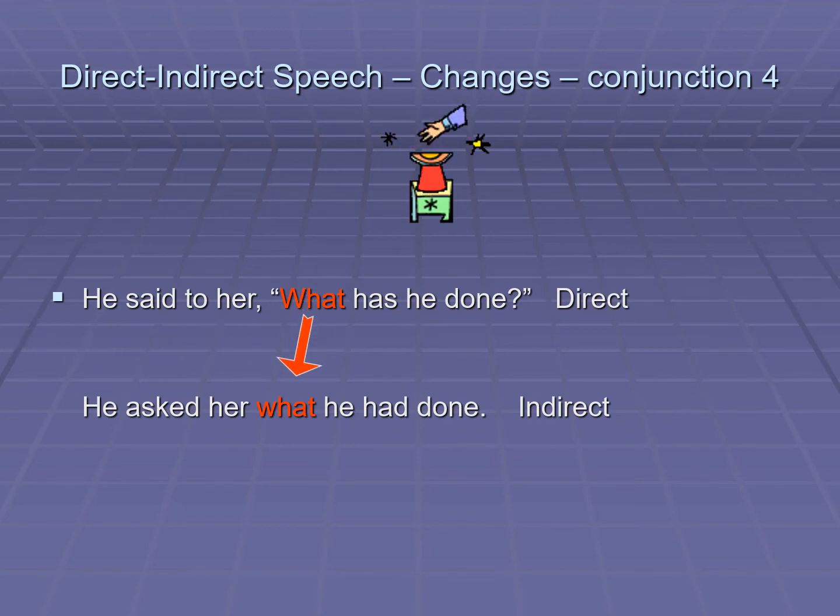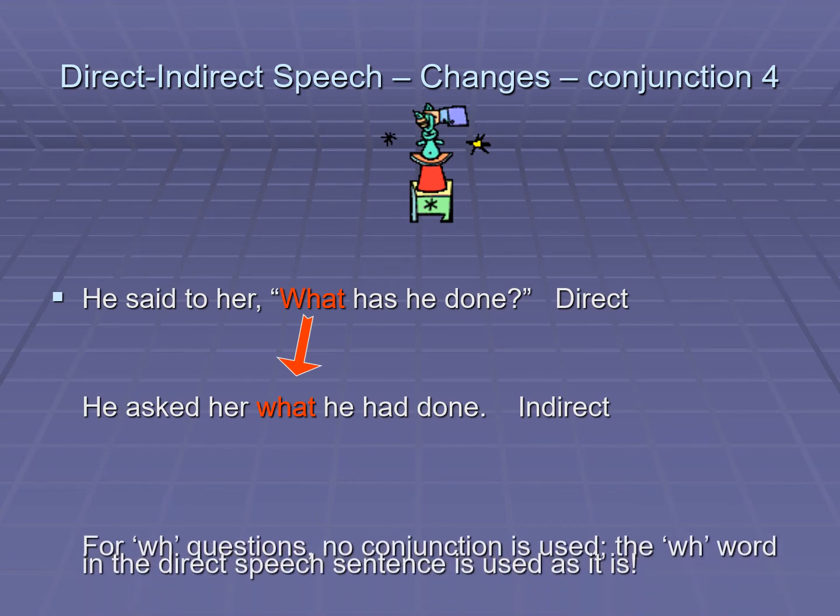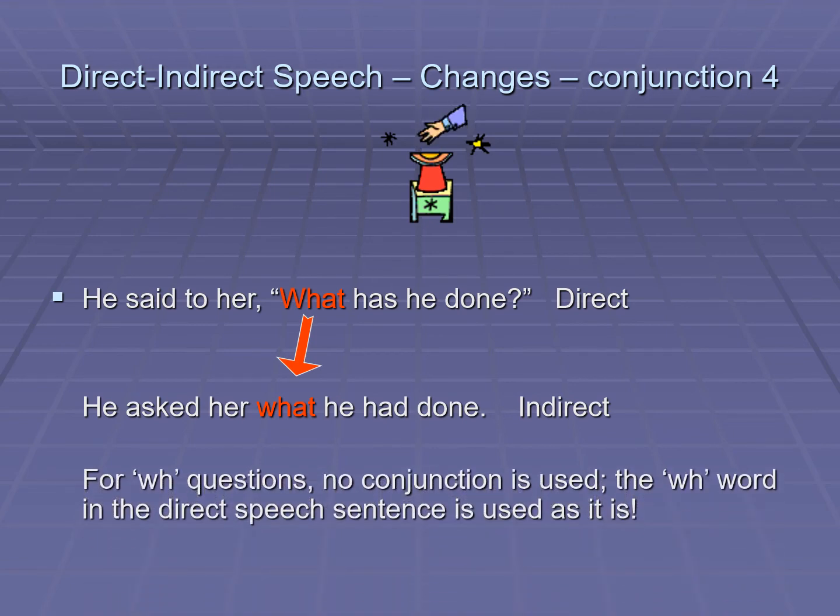See that here the WH word is behaving like a linker in the indirect sentence. For WH questions, no conjunction is used. The WH word in the direct speech sentence is used as it is.